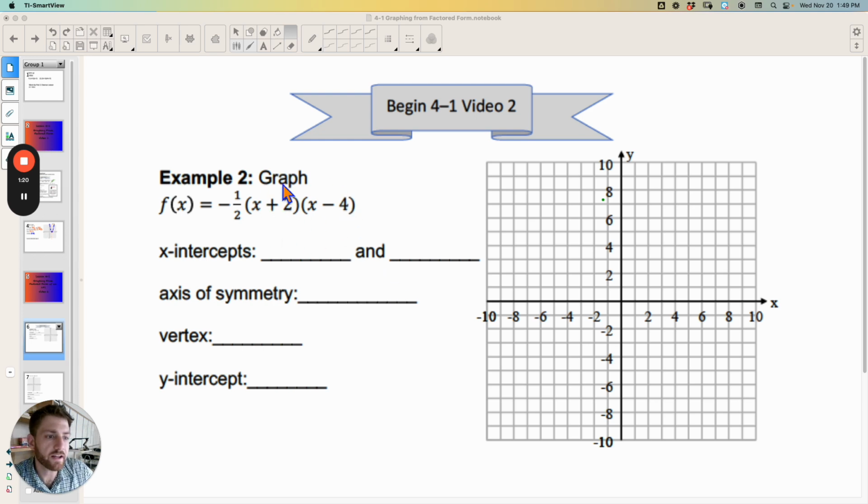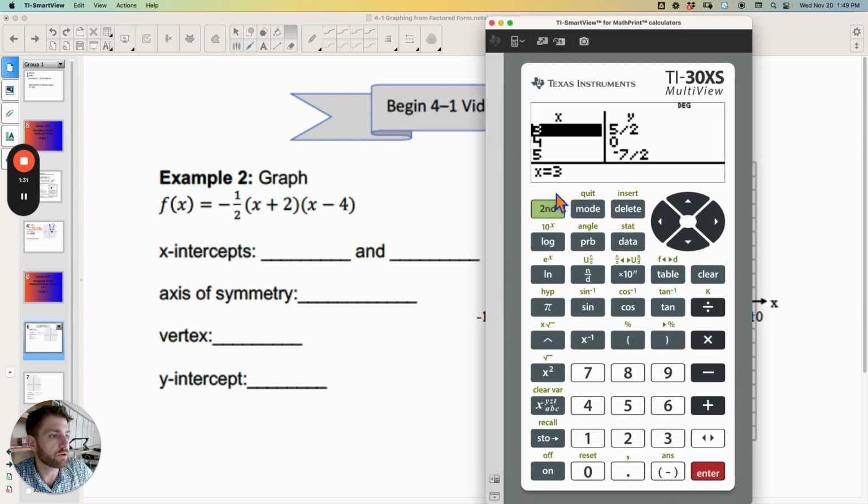Okay, so let's find our x-intercepts here. Our x-intercepts are going to be where y is equal to 0. If you come over here, you'll see that I've got a couple places where y is equal to 0: where x is equal to 4, and also where x is equal to -2.